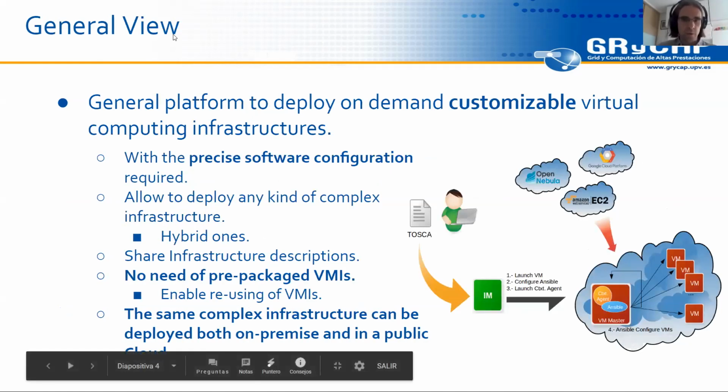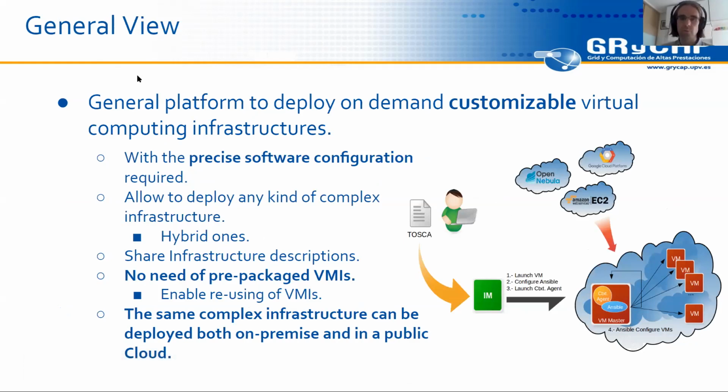So the general view of the IM is this one. It's a general platform to deploy on-demand customizable virtual computing infrastructure with the precise software configuration required. So a user can describe a set of virtual machines, and can describe not only the software that must be installed in each one, but also the configuration in order to have all the components, all the virtual machines, integrated in order to create a cluster.